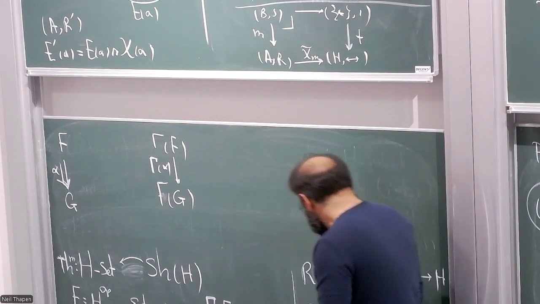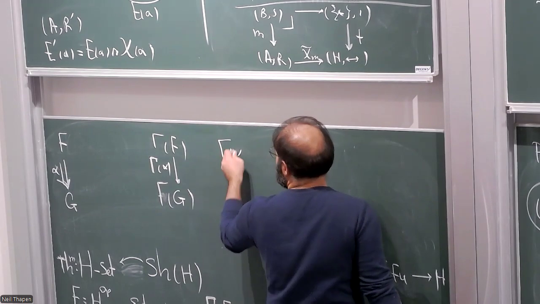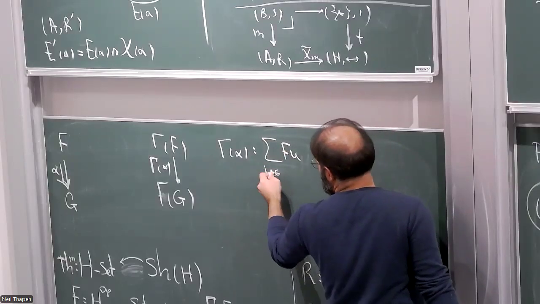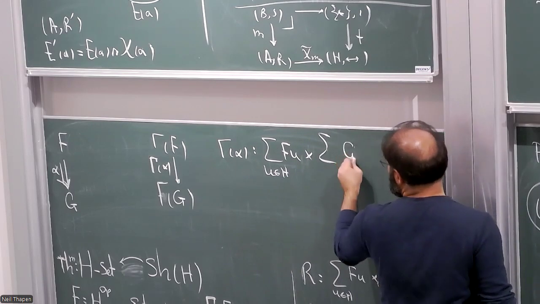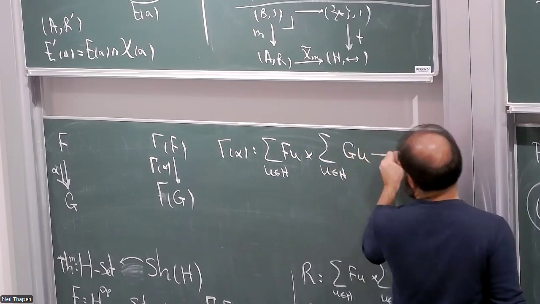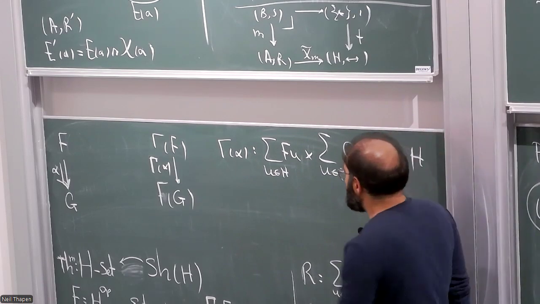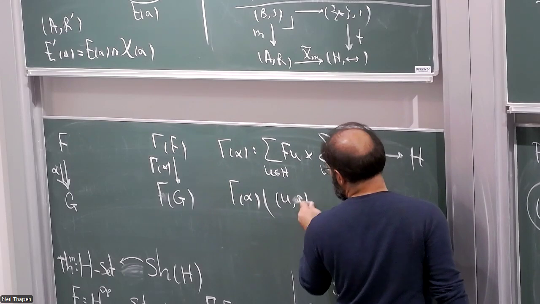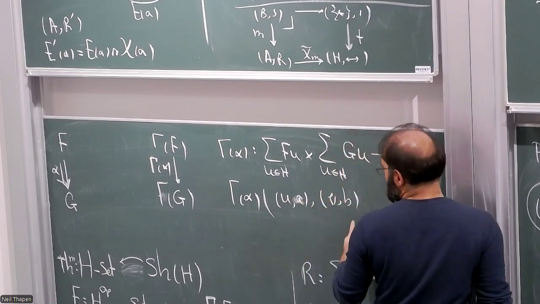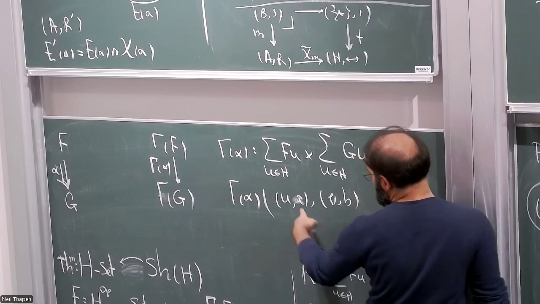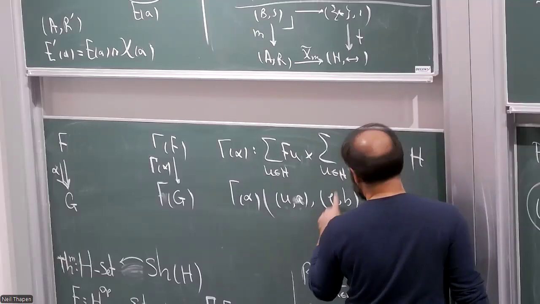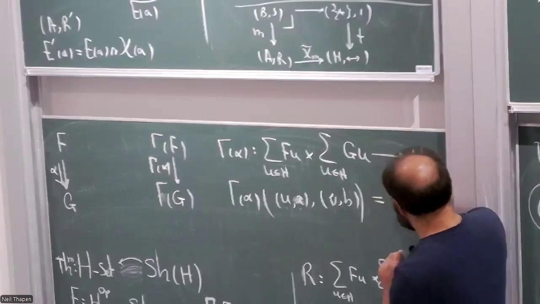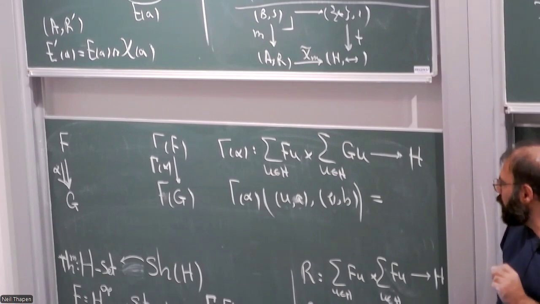By definition, gamma alpha must go from the set of the first guy times the set for the second guy to H. And what it should be, again, you have U, A, and V, B, but note that there's a difference: A is in F of U, B is in G of V. So I have to define something in H, and it should be, okay, maybe even better.